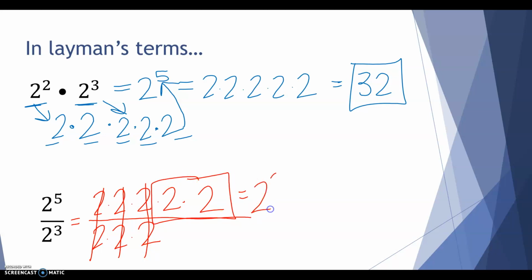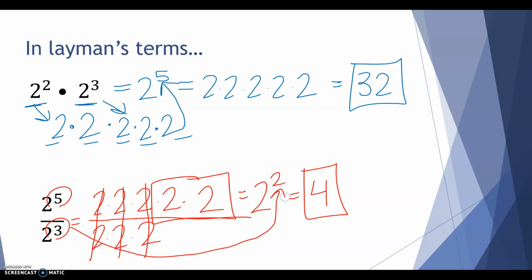You have two 2s, which is 4. And if you use the property, 5 minus 3 gives you your 2. So again, these properties are very easy to memorize, but if you forget them, it's still very easy to get these answers correct.